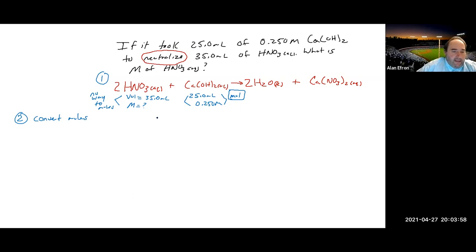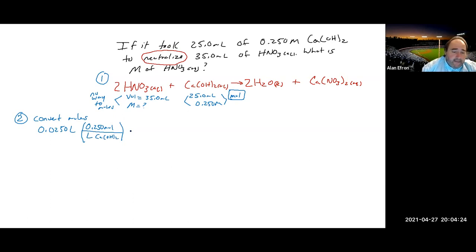We do need to convert the volume to liters for it to properly cancel out. That gives us 0.025 liters, 25 divided by 1,000, using the molarity of our calcium hydroxide as a conversion factor, 0.25 moles per liter of calcium hydroxide.